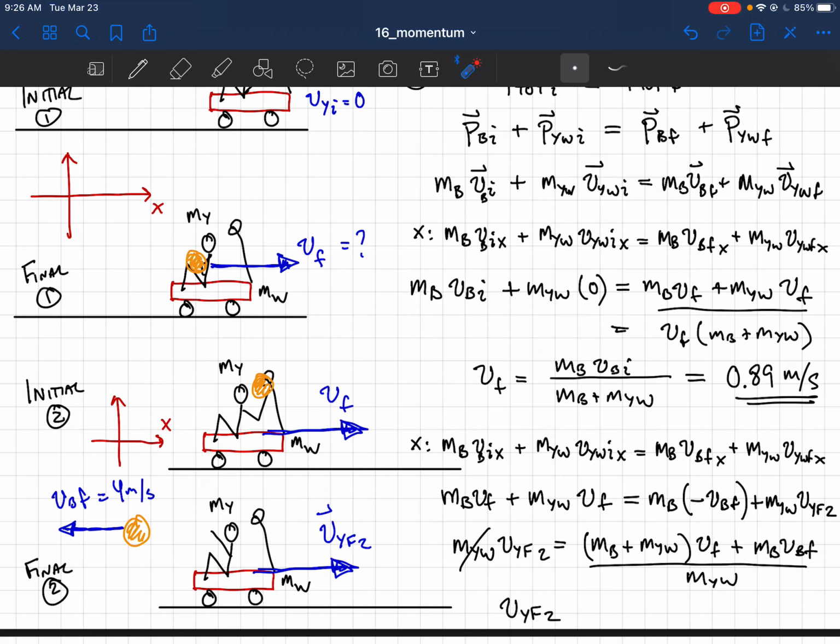And then we add to it m_ball, which is 10, times the ball final speed, the one that we were given as 4 meters per second. So that's 4. And then we divide the whole thing by the mass of you in the wagon, which is 60 plus 20, that's 80. And so we get v_final is equal to 1.5 meters per second.